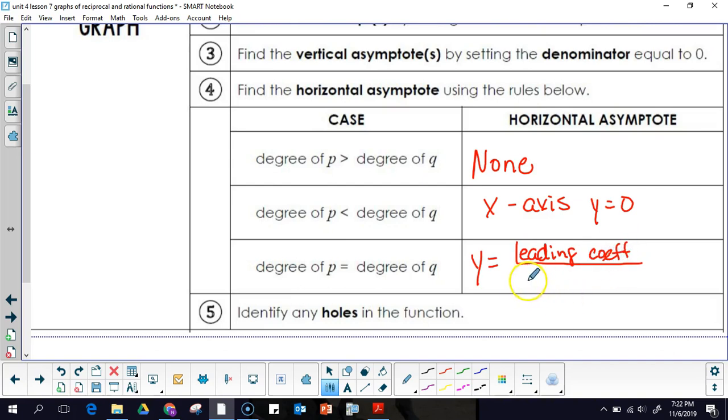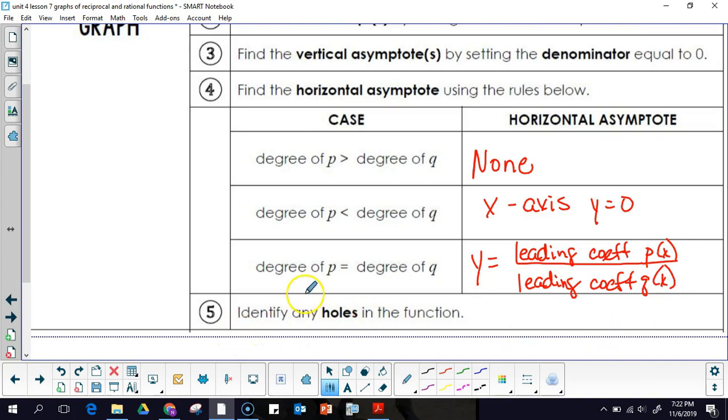Again, you don't really have to remember all this. I just want you to have it in your notes if you need it. So this is a numerator and this is a denominator.